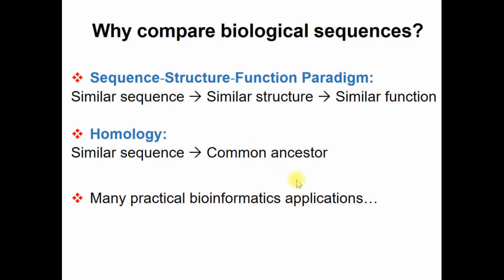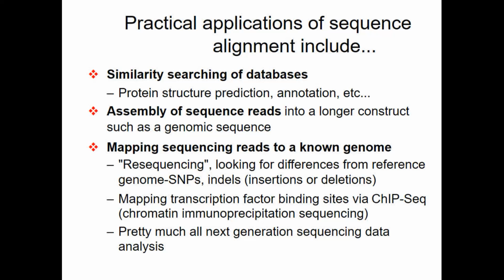There are also many practical bioinformatics applications. For example, similarity searching of databases for protein structure prediction and annotation, or assembly of sequence reads into a longer construct, such as a genome sequence, and mapping sequencing reads to a known genome or transcriptome.